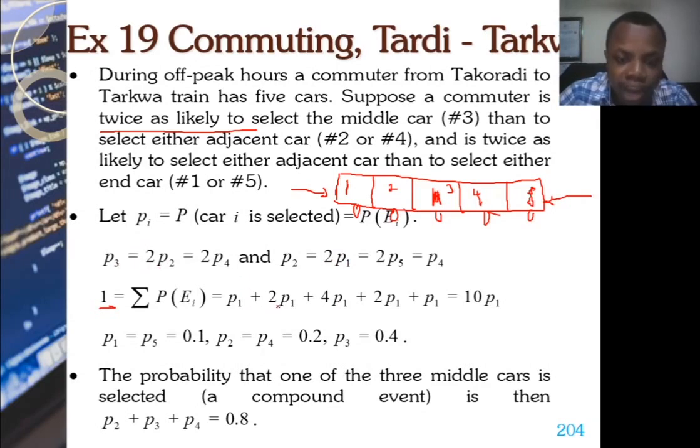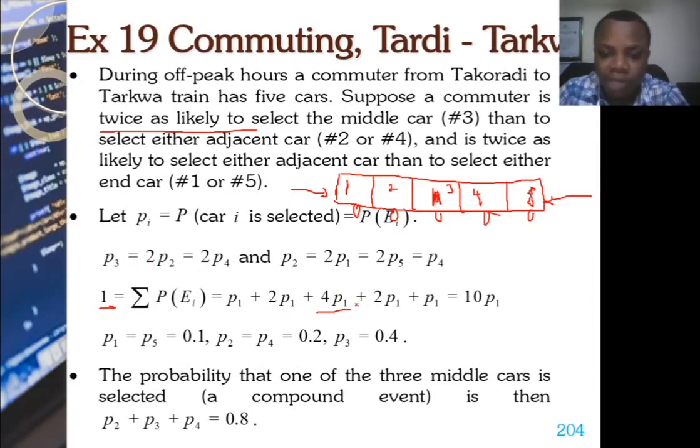And remember we have P2 equal to twice P1. So if we would like to estimate our P3, this will be equal to 2 times P2, which is 2 times 2P1, and that is going to give us 4P1. Because remember that our P2 is equal to 2P1, and our P3 equal to twice P2.